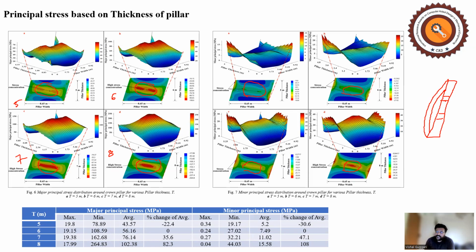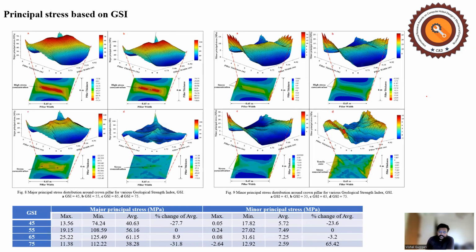As a result, it is taking a huge load from the existing strata. Thus the crown pillar is experiencing a huge stress concentration at the center of the crown pillar as you increase the pillar thickness, because the load bearing capacity increases as you increase the pillar thickness.